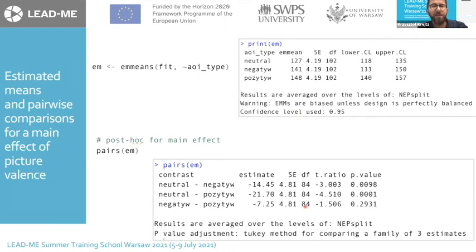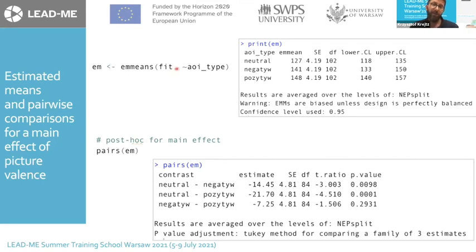First, let's look at the main effect of AOI type. First of all, let's estimate means for fixation duration while looking at different types of AOIs. I'm going to use the function emmeans for that. In this function, I put the object fit, which is the result of my ANOVA. From this model, I'm going to estimate the means.